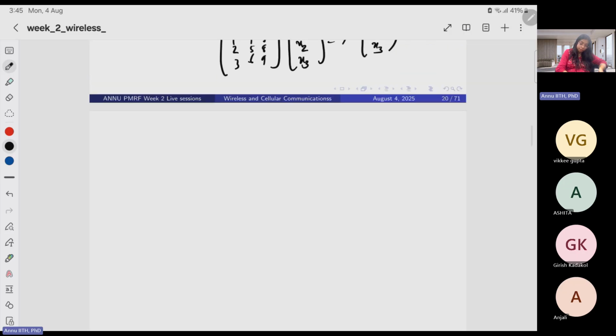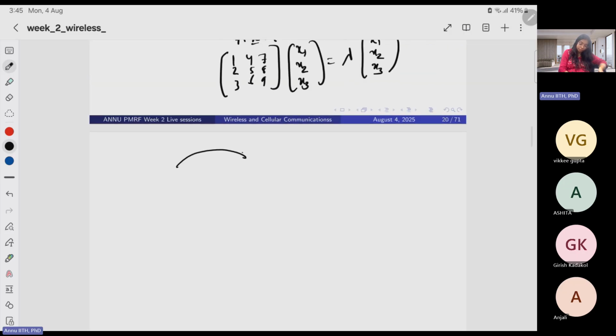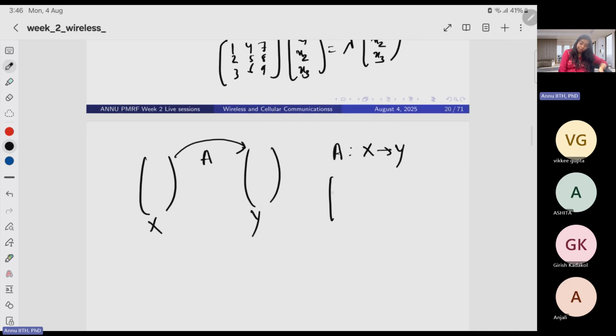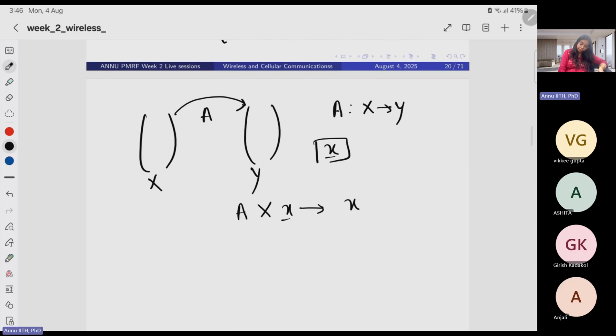As I told, this is just a mapping, or you can say it's a rotation from one space to another, A. This is X and this is Y. So the mapping A is from X to Y. Now if A is multiplied with any X vector, you get the same vector with a scaling factor of lambda, or any scalar, or let's say lambda equals 1 for the time being.